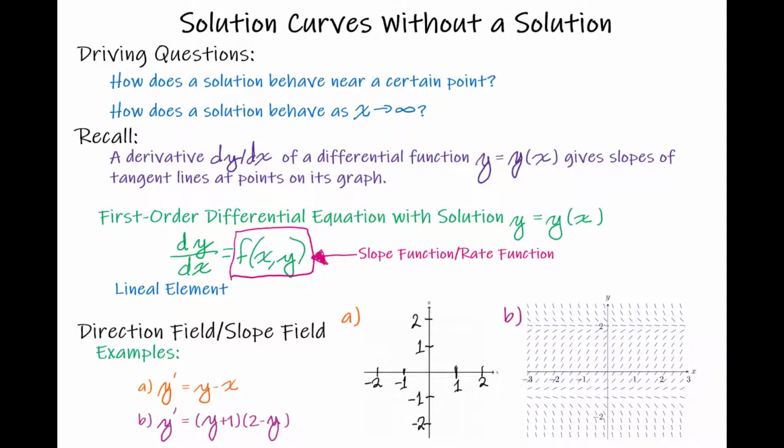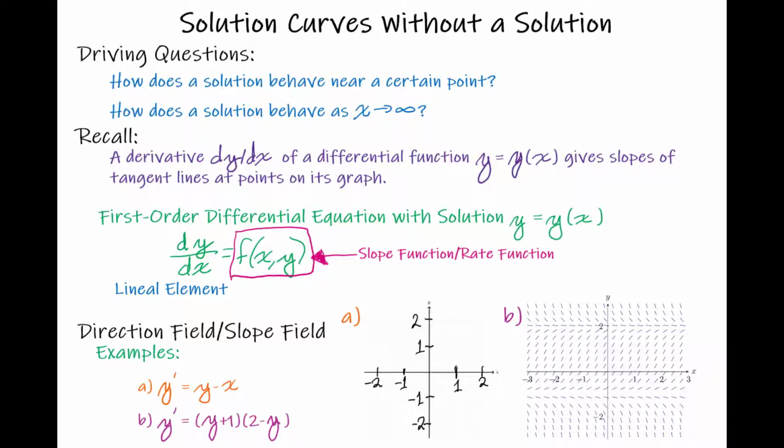I can take x and y values and plug them into y minus x, and that's going to give me the slopes, the derivative, at that x, y point that I plugged in. So let's start at the origin. If I plug in 0 for x and 0 for y, then I get 0 minus 0, or 0.